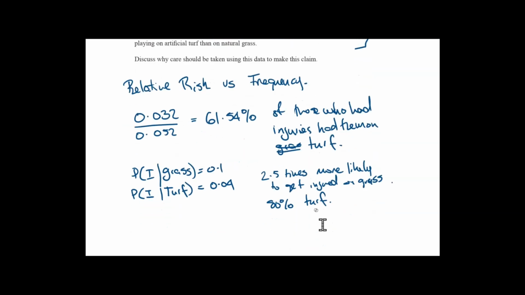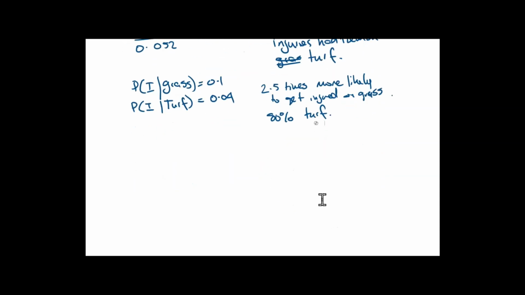Well, let's talk about things that maybe, if you're really analysing this deeply, we could say that this is only for 1 year, and maybe there was something wrong with the grass. So there may be some other variable going on. So we would want it over multiple years.